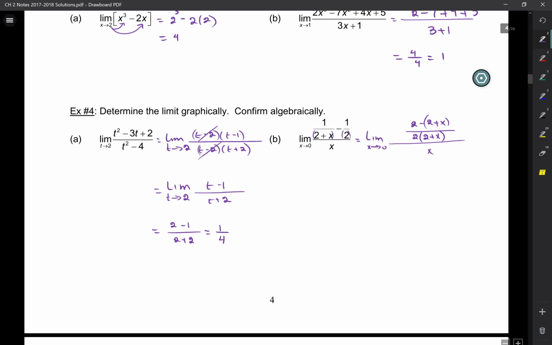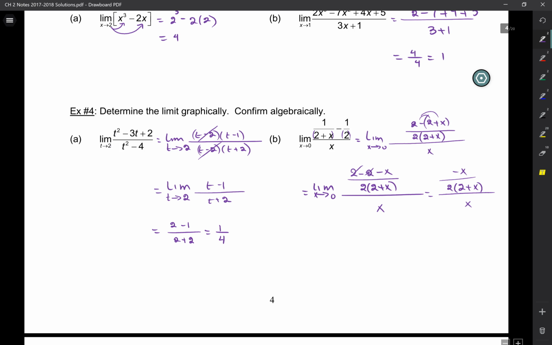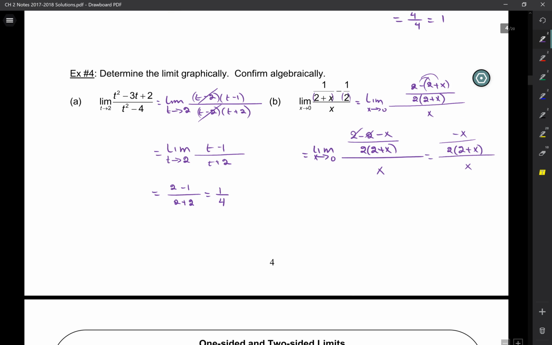Okay, so what do we have here? We have the limit as x approaches 0. So let's see. I'm going to distribute the negative. It's going to be 2 minus x. So it's going to be negative x. Is that right? Okay, so now, whoops, I already fell into my own trap here.